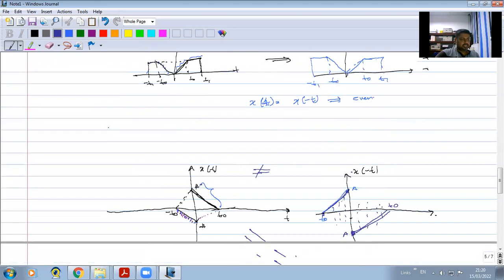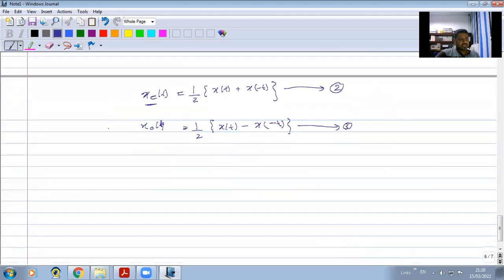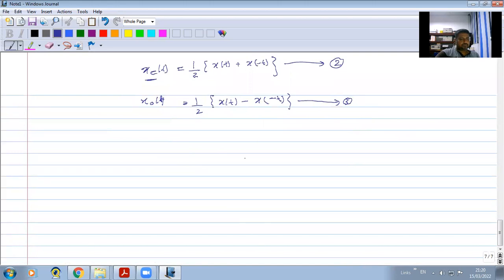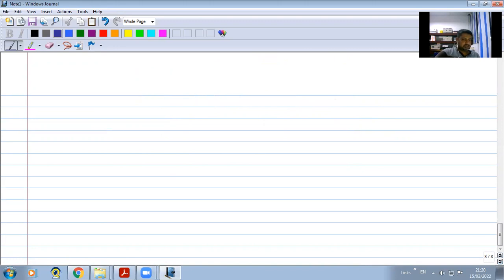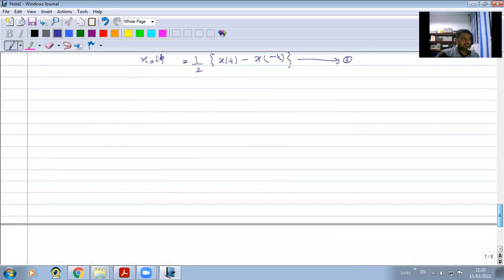Okay, we will take one more example to understand how to use this equation for analyzing purposes. This kind of question will come in your exam, so you have to do this kind of question definitely. For example, let's say we are given an x(t) signal.